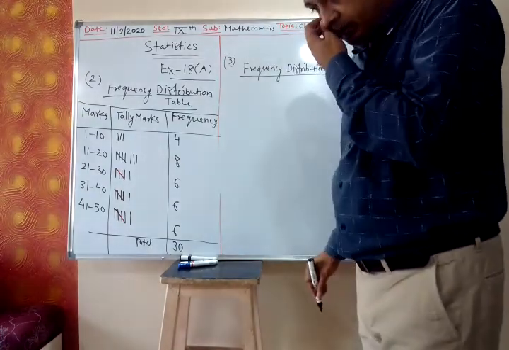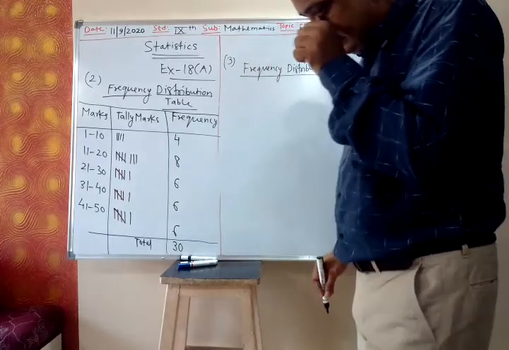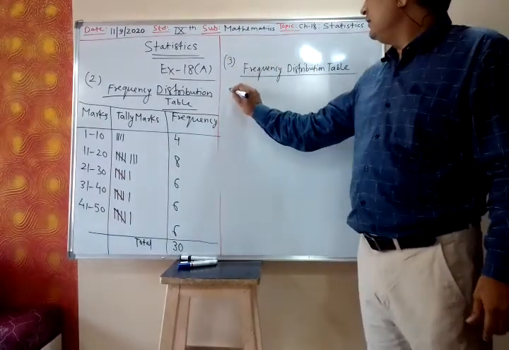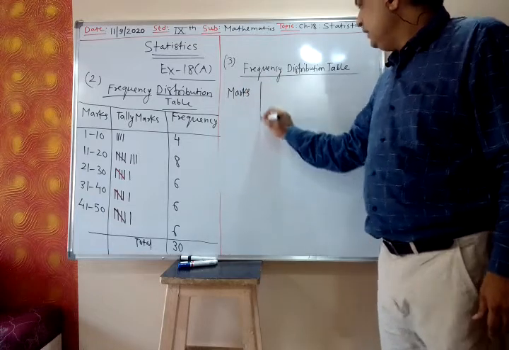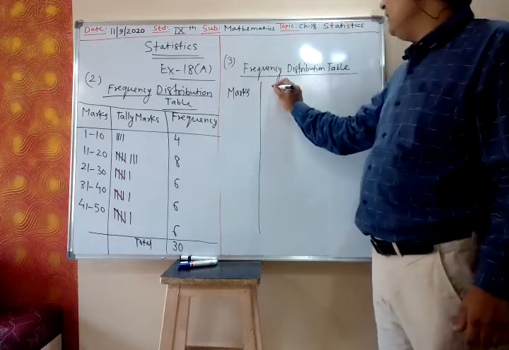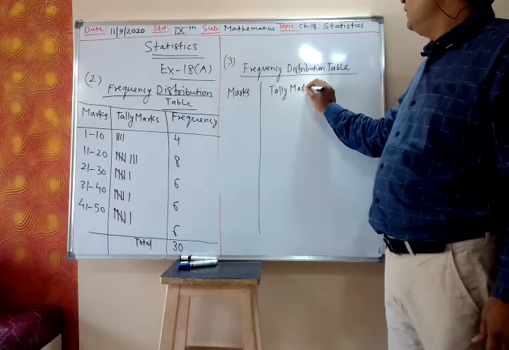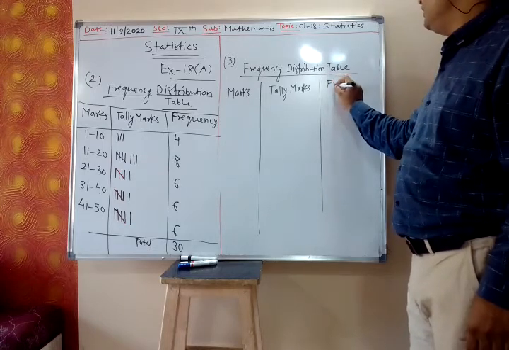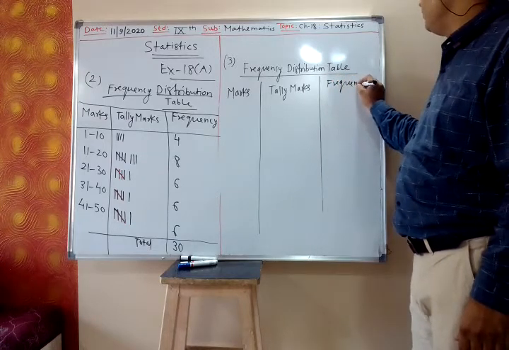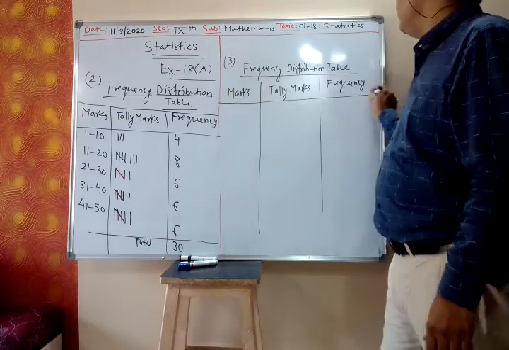So write down marks, then we write tally marks, and then we write frequency: marks, tally marks, and frequency.